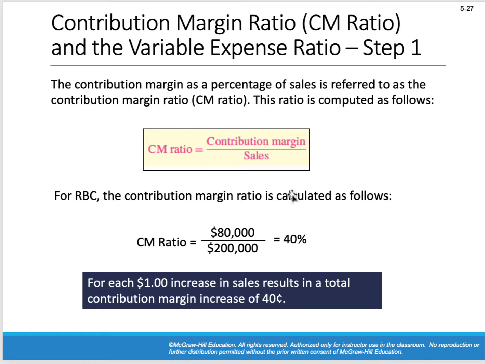Let me rephrase that. What percentage will my CM increase if my sales increase by $1? Okay, for every dollar increase, 40 cents of that is going to go to increase the contribution margin.